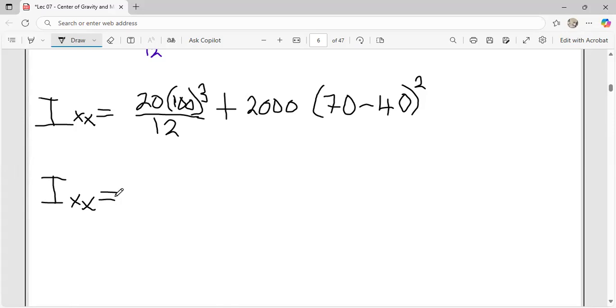Close the bracket and then raise to an exponent sign, punch 3 over there. Bring your cursor down, you enter 12. Shift cursor right, plus what? 2000. Then you open a new bracket, or you can punch times before you open a new bracket. 70 minus what? 40. Close the bracket, all squared.